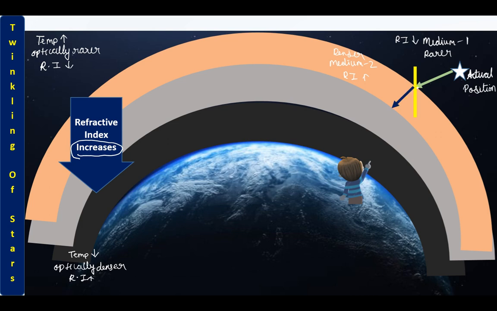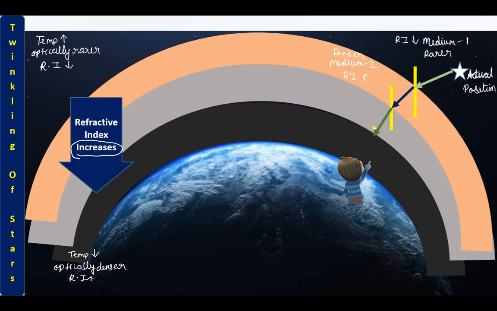Again, this ray is incident on this surface, so again we can assume a normal over here. Here the refractive index will be less and here it will be more, so light will bend again towards the normal.